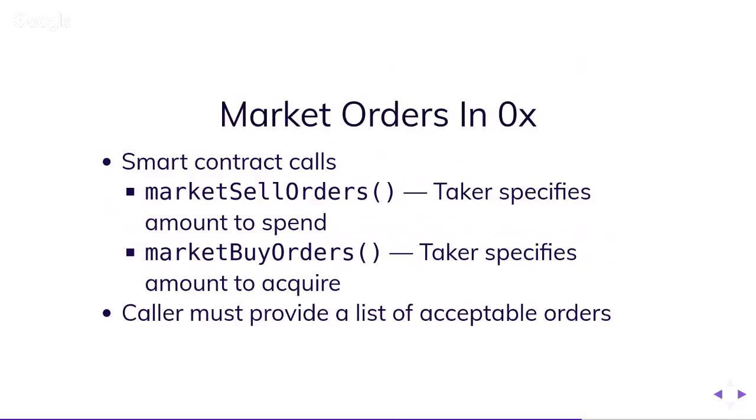And the reason you would submit a collection of orders instead of just a single order that you want to fill is that when you submit a 0x transaction to the blockchain, it may sit in the Ethereum transaction pool for several minutes or even up to several hours before that transaction actually gets confirmed by the Ethereum blockchain.